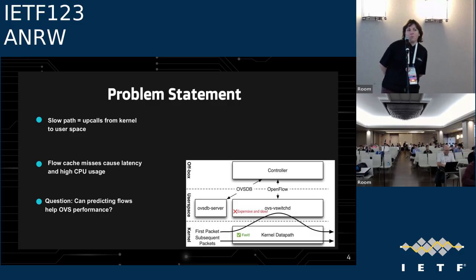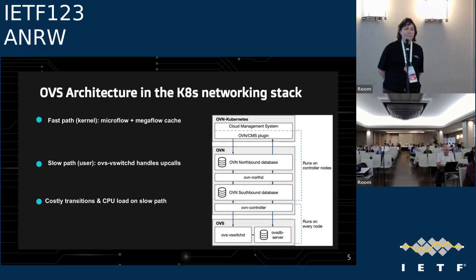Cache misses, or when this flow rule doesn't exist yet, is what adds to the latency. It adds to latency and also CPU usage in the communication. And again, we are trying to look if we could do any optimization here.